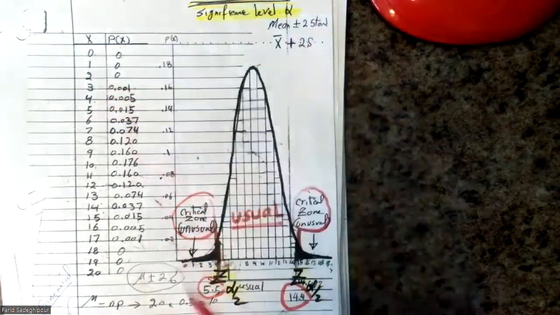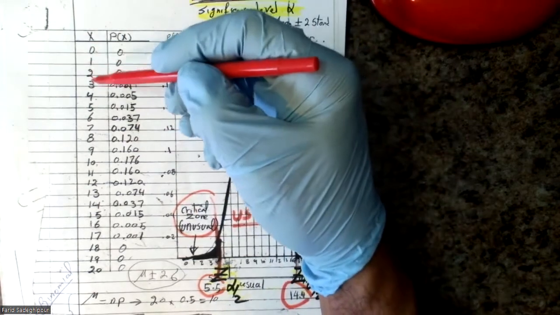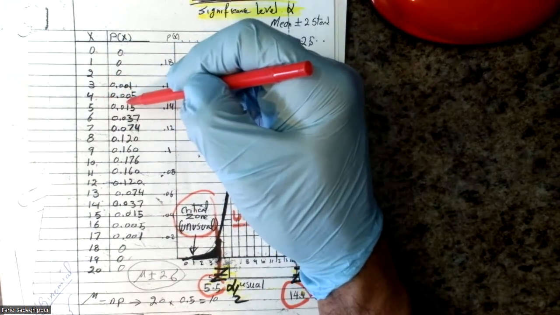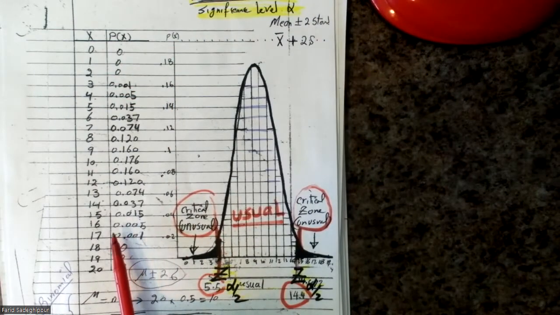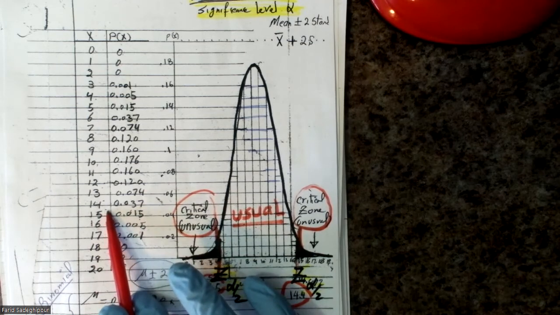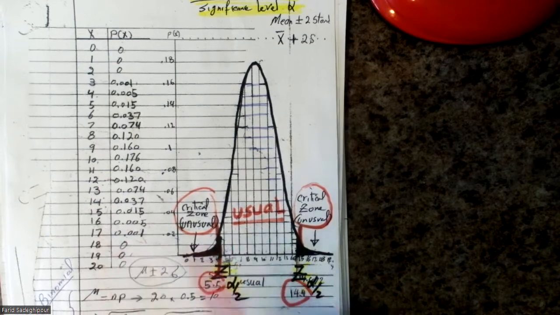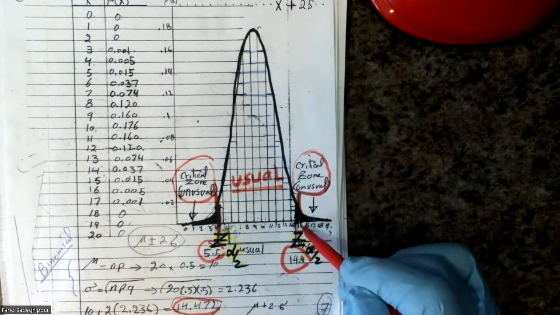There is a place where the probability, if it falls below that, is critical. It means for a couple to have 4 girls out of 20 is very, very unusual, or for a couple to have more than 14 girls out of 20 is very, very unusual. So we need to specify these 2 points.